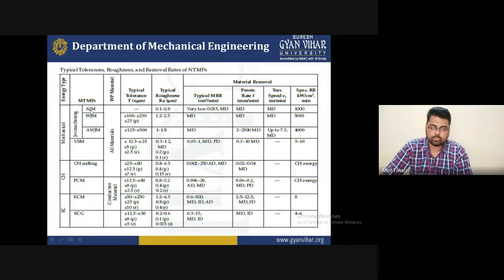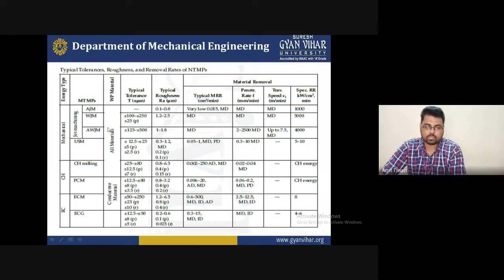If you select the AJM machine or WJM machine, you must define the tolerance limit that range will produce on that particular machine, and the surface produced is also mentioned here. And the metal removal rate can be read from this chart, which helps you understand what speed we require and whether the metal removal rate is increasing or decreasing.